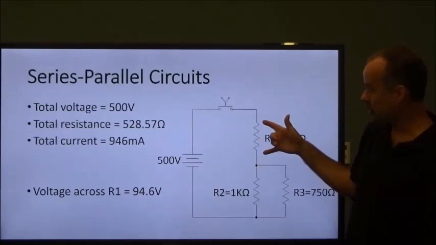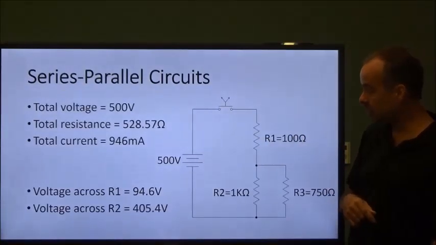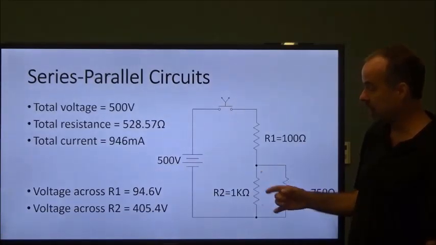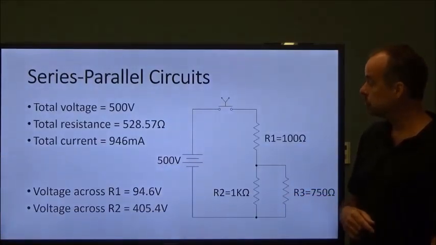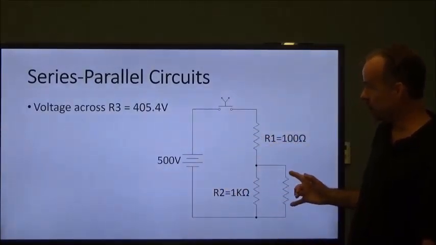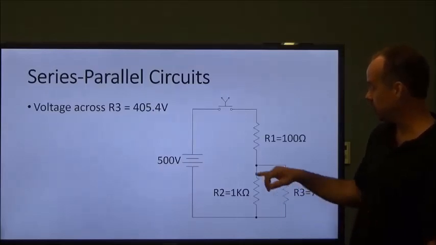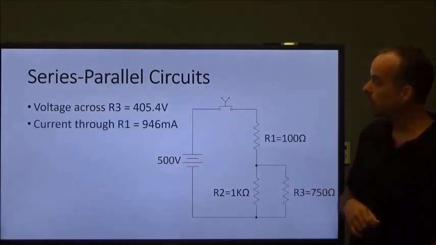The voltage across R1 was 94.6 volts. The voltage across R2 is 405.4 volts. The voltage across R3 is also 405.4 volts, because they're in parallel and have electrical continuity between them.